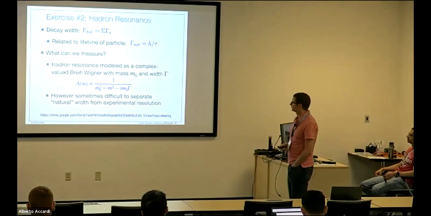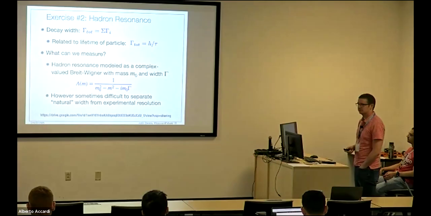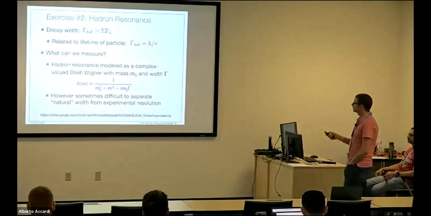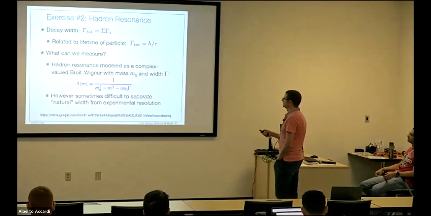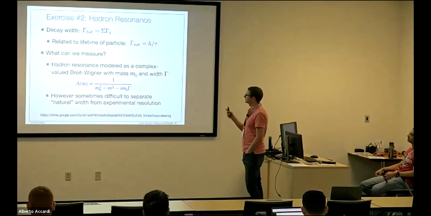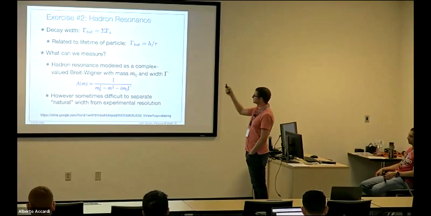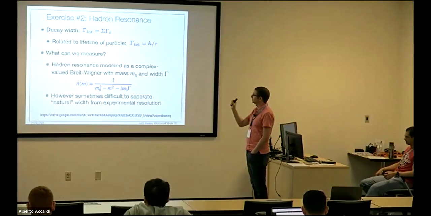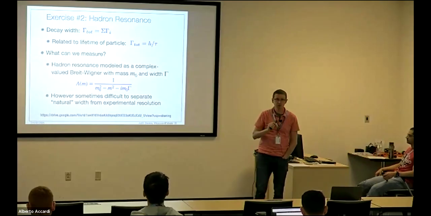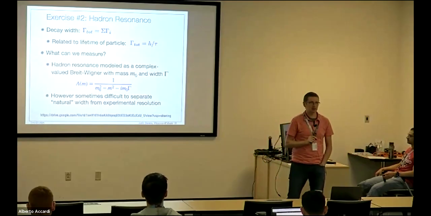So this will be another point for you to get out your laptops and join in with the exercise. The total width of the particle is, as we were looking at in the Particle Data Group entries, the sum of all of the partial widths for the individual ways that this hadron can decay.